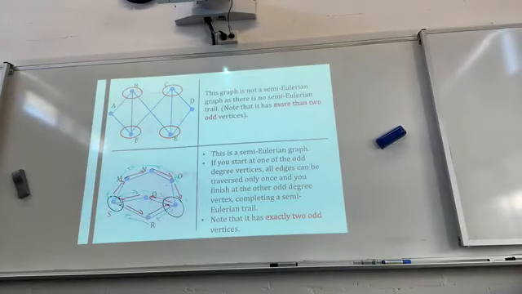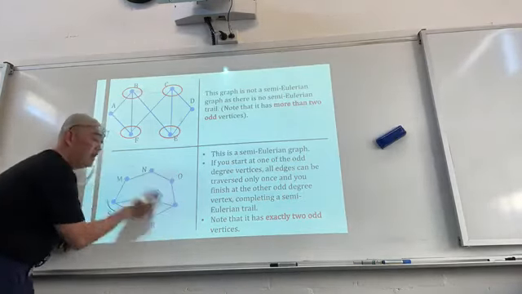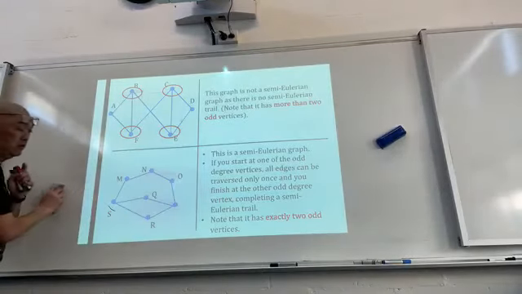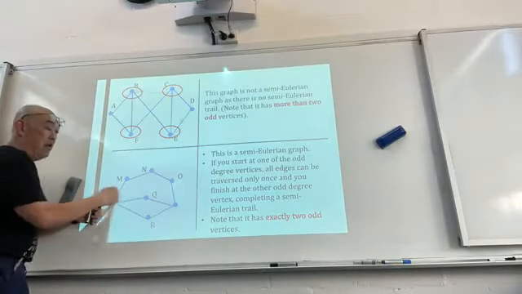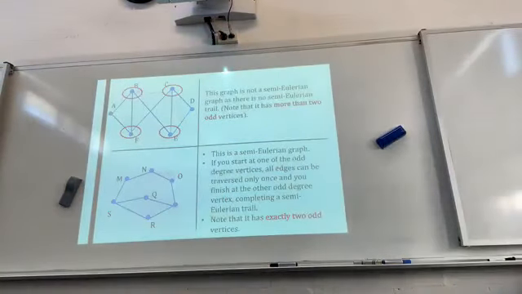Alright? As long as you start from one of the odd vertices, you should be able to go from one to the next one and traverse all the edges. Alright? Without repeating them. You could repeat the vertices but not the edges. Happy?